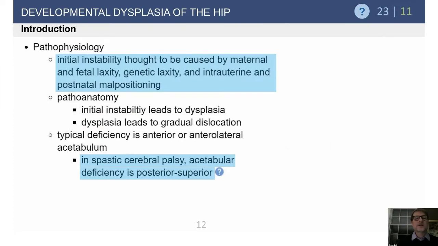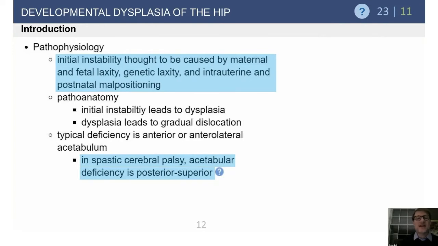The pathophysiology: the initial instability is thought to be caused by multiple factors, both maternal and fetal laxity, genetic laxity, and intrauterine and postnatal malpositioning. For example, a hip may be normal, but towards the end of the gestation period, just with the packaging problems, you can get dysplasia that occurs just from the position of the leg.